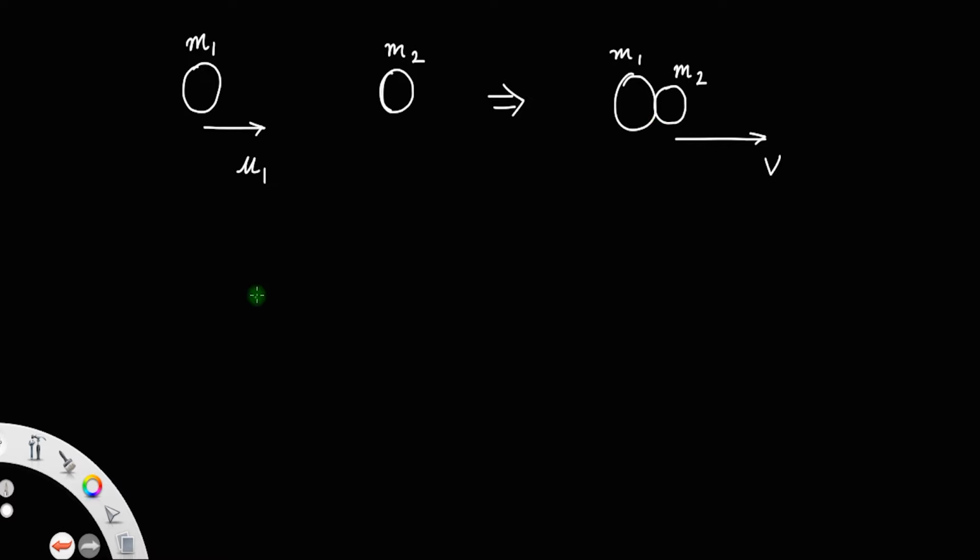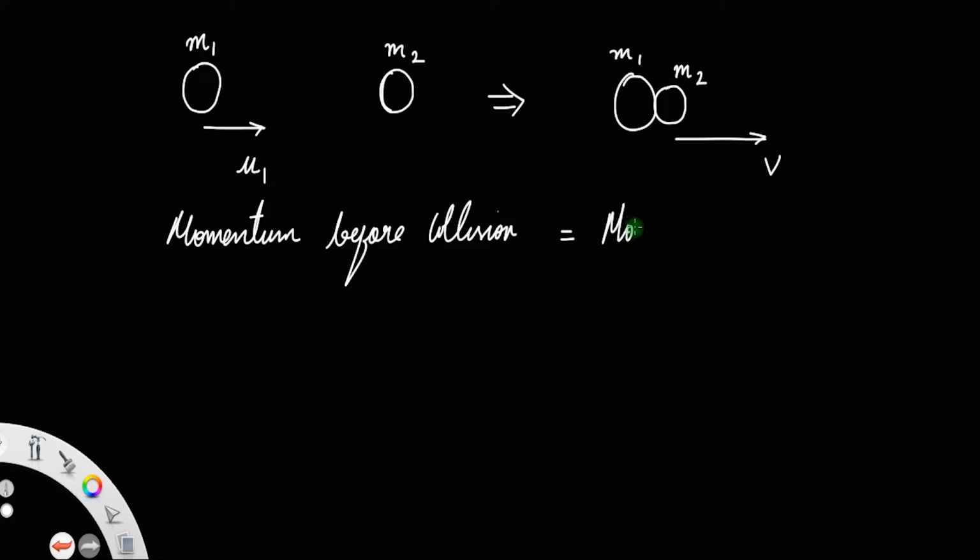For any collision, momentum is conserved, which means momentum before collision is equal to momentum after collision.